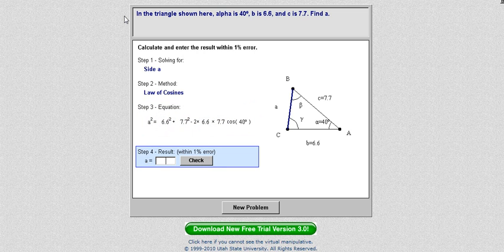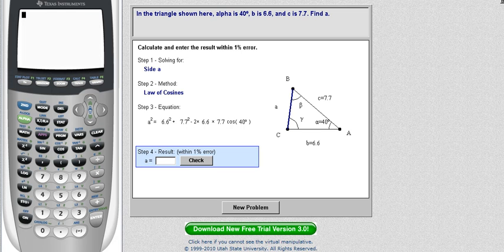Alright, so I'm ready now to calculate this using my calculator. Just recall again what we've done. The law of cosines allows me, with two sides and one included angle, to solve for the side opposite the angle that is an unknown.